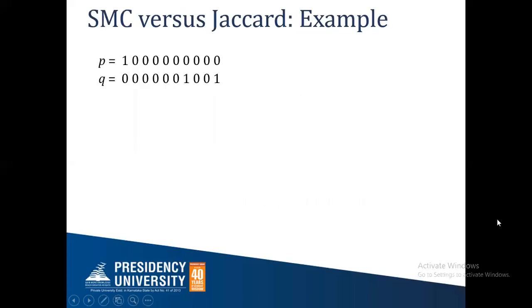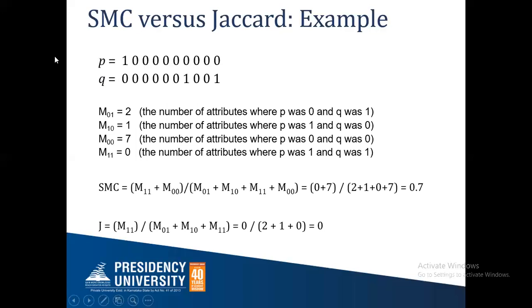Let us calculate. If we take an example for SMC versus Jaccard, assume that P has the value 1 followed by 9 zeros, and Q has this value 0, 0, 0, 0, 0, 0, 1, 0, 0, 1. So here first thing is we have to calculate M01, the number of attributes where P is equal to 0 and Q is equal to 1.